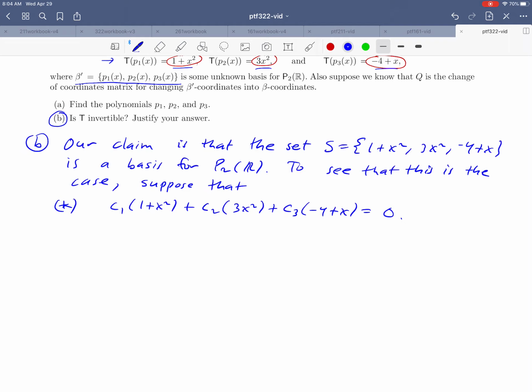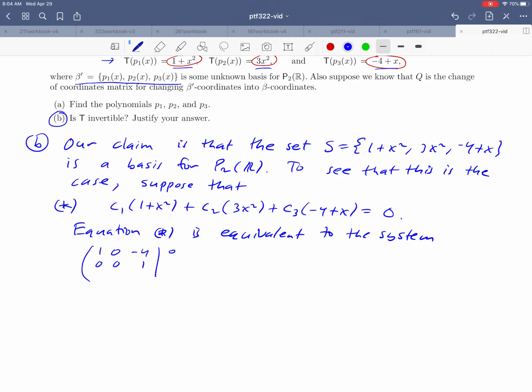This goes back a little ways in the course, but equation star is equivalent to a system of equations. If you rearrange it and get all the like terms together, the system looks like this: 0, 0, 1. I'll leave it to you to confirm that this system of equations results directly from equation star.